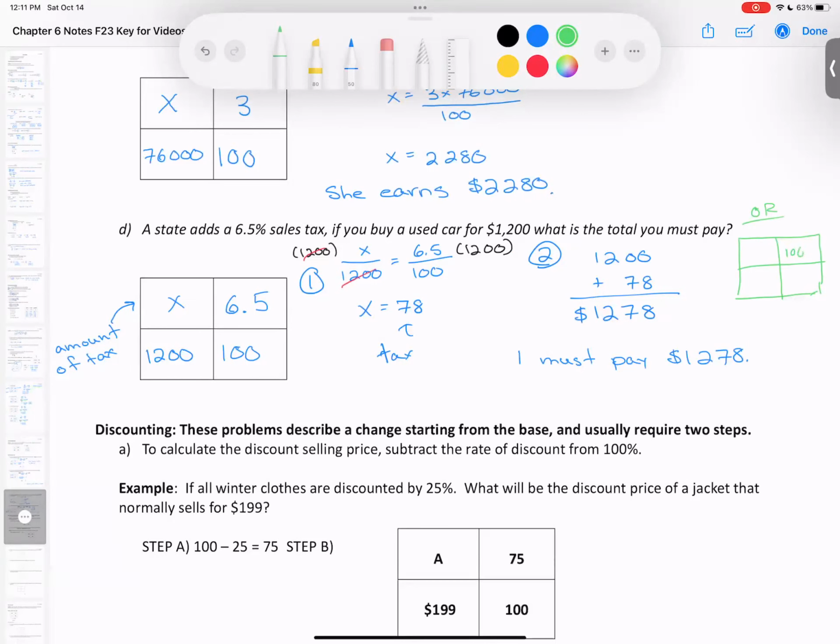So the amount we're going to end up paying is 106.5 out of 100. That would be the total amount we're trying to pay, and our base is still 1,200. So if you solve now for this X here, you'll find that it ends up equaling this $1,278. So that's another way to do that problem if you want to do it in one step.